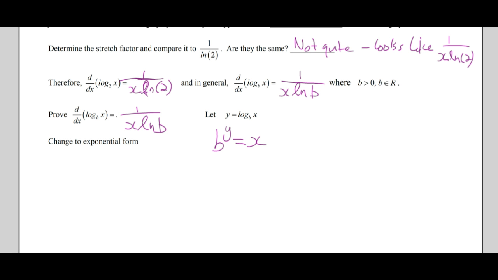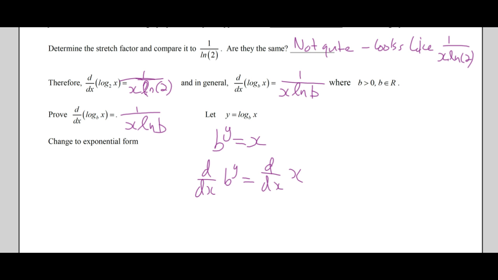Prove that d by dx of log base b of x is equal to 1 over x ln b. Let y equal log base b of x. Change to exponential form: b to the y is equal to x. Let's take the derivative of both sides. d by dx of b to the y equals d by dx of x. So what's the derivative with respect to x of b to the y?